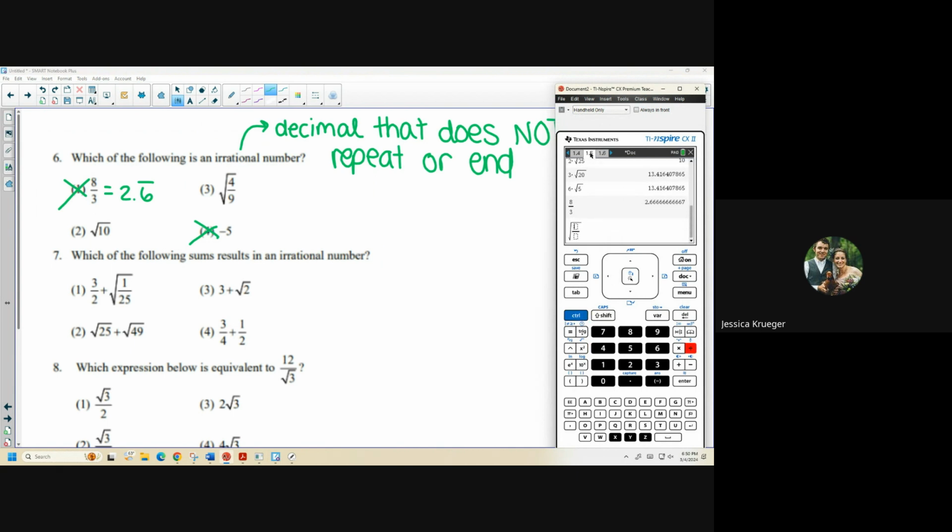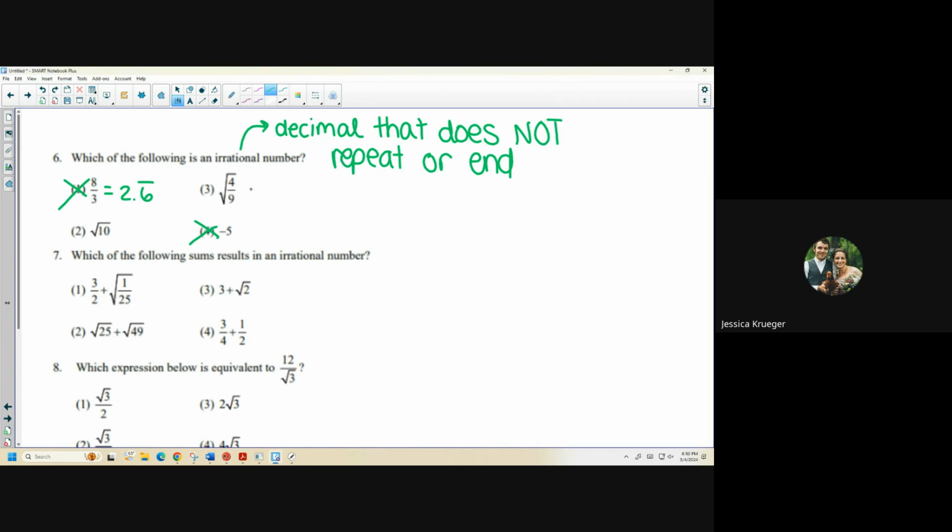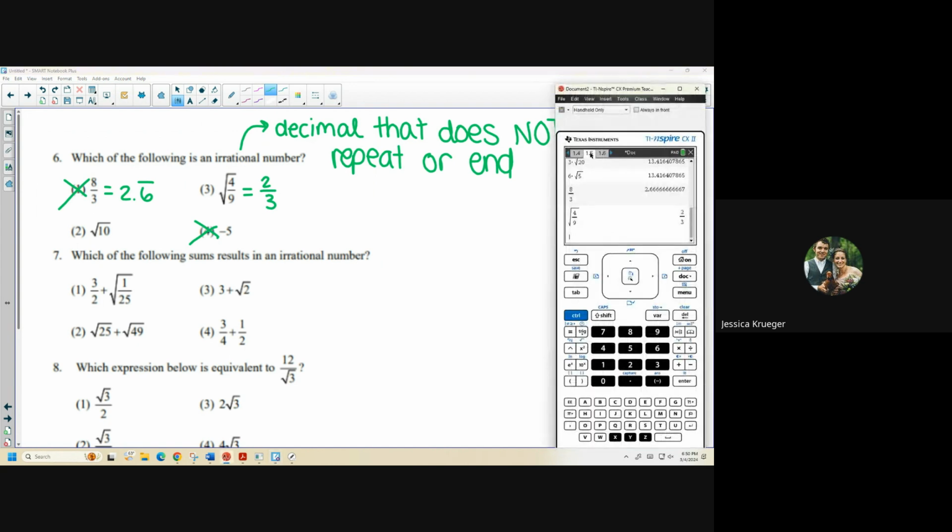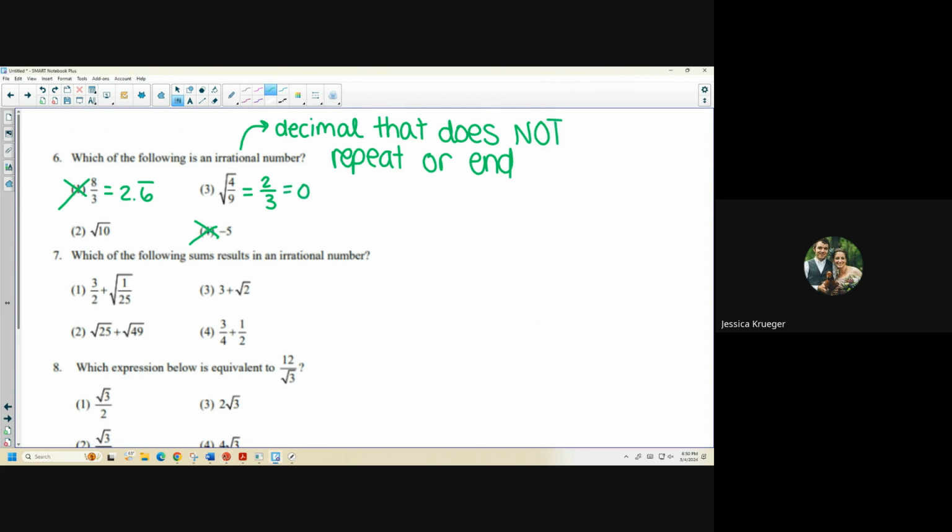Inside the square root is a fraction. When I hit enter, I get 2/3. 2/3 is a fraction, so it's rational. But just in case you're not 100% sure, you can hit Control Enter. 2/3 is 0.6 repeating. That's a repeating decimal.